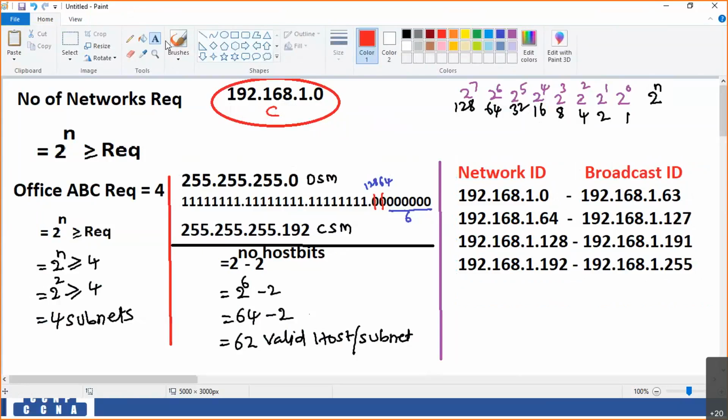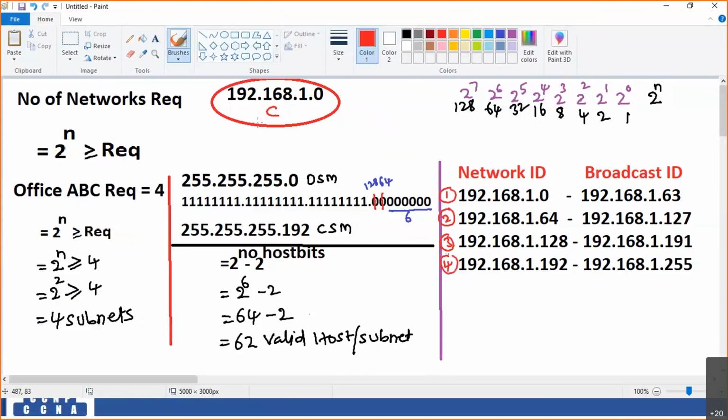So we got the ranges now. 1.0 to 1.63 is the first subnet range. And the second subnet is 1.64 to 1.127. Then the third subnet range and the fourth subnet range.